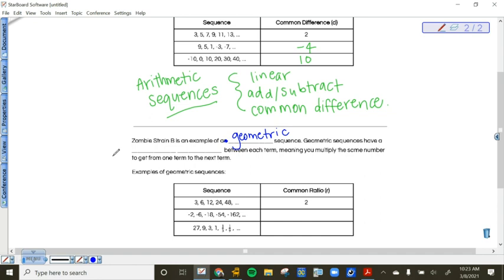Geometric sequences have a, do you remember what they're called? It's a common what? Yeah, common multiplier or common ratio. We're going to use the term common ratio, but you can also think about it like a common multiplier.